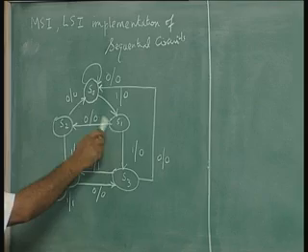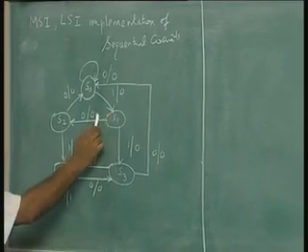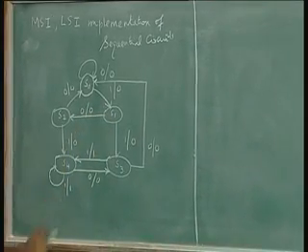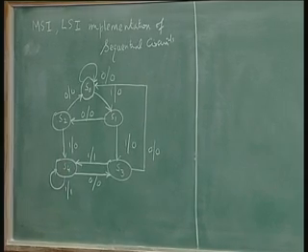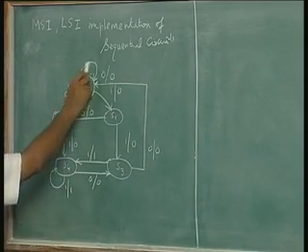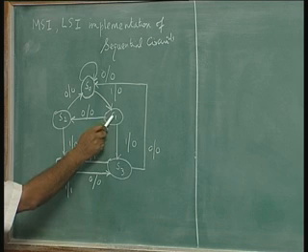You have to make sure that each of these states has 2 arrows going out, one for 0 input, the other for 1 input. So S0, when 0, goes back into itself. When 1, it goes here.